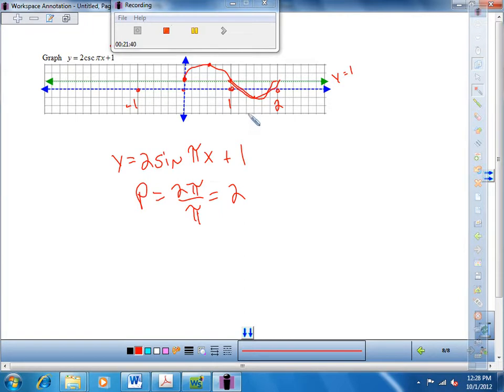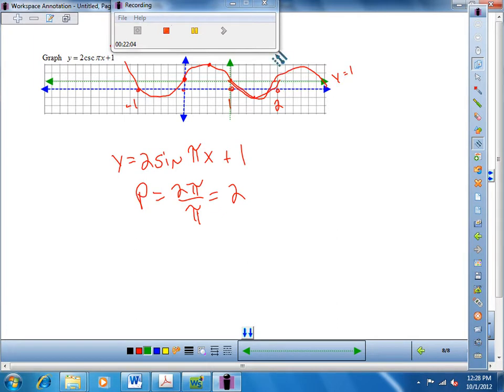Okay. So I go down here through here and like that, and then it would continue like that forever. And then what you do is you sketch in the asymptotes everywhere this would cross that midline.